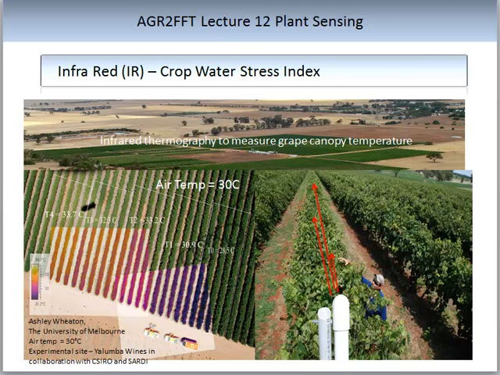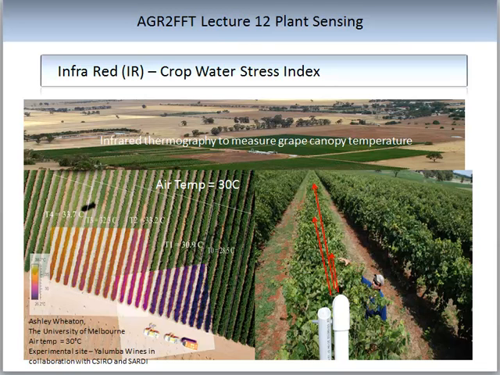The data shows the results of an experiment. Ashley Wheaton from the University of Melbourne collected this data by mounting an IR camera onto a balloon and placing the balloon above the canopy. He was then able to take images of the top of the canopy, and this is what you can see on the left-hand side image.